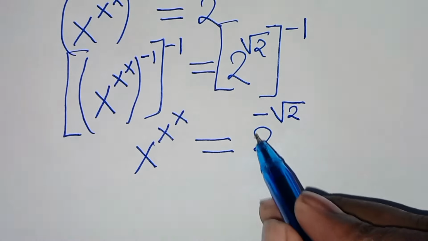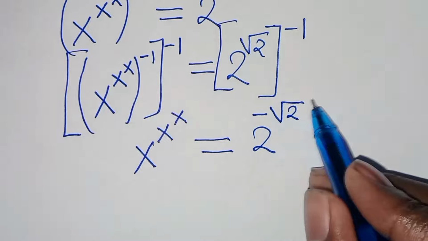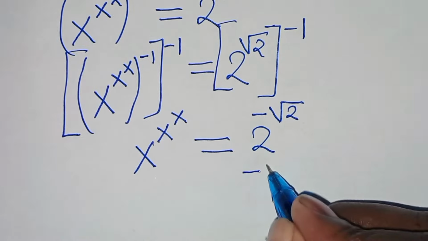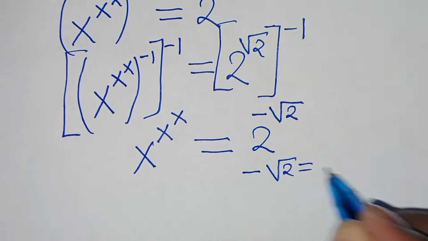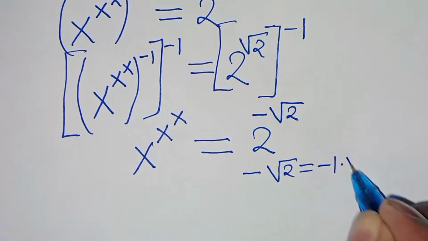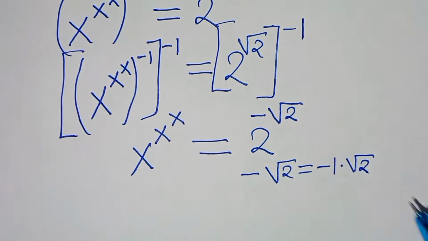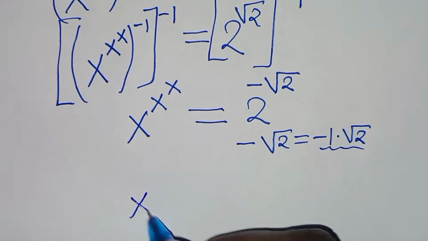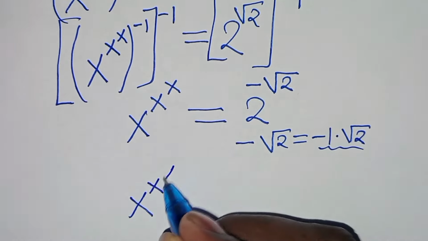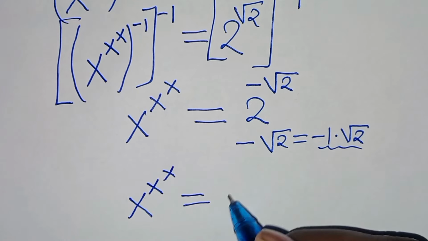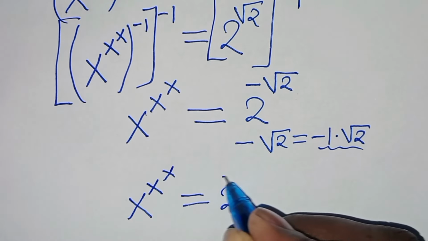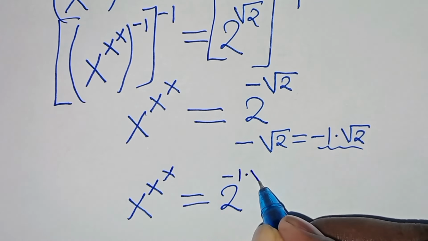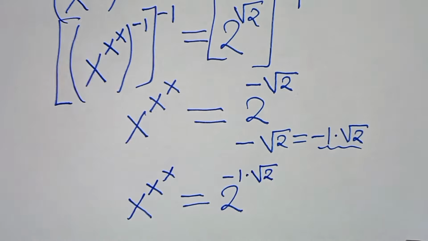We can express minus square root of 2 as the same thing as minus 1 times square root of 2. So let's substitute this, so that here we have x raised to power x raised to power x equal to 2 raised to power minus 1 times square root of 2.